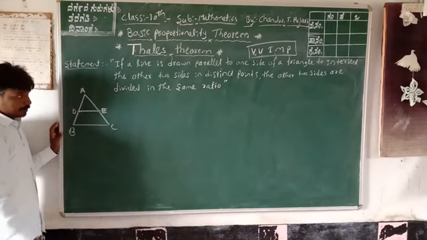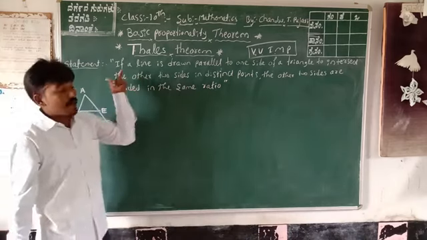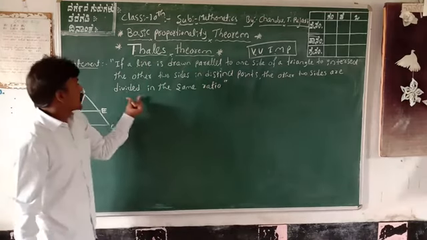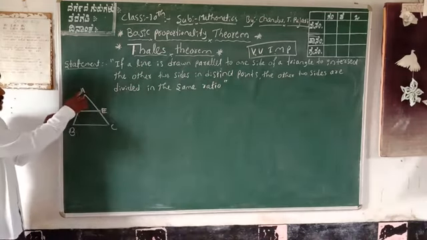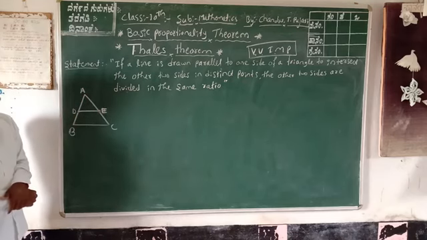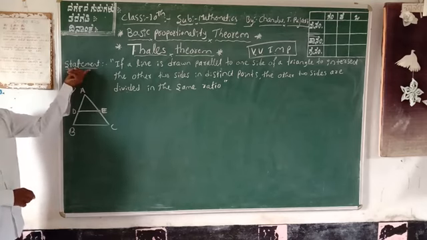This is the diagram. And your statement says the other two sides are divided in the same ratio. The diagram is over.